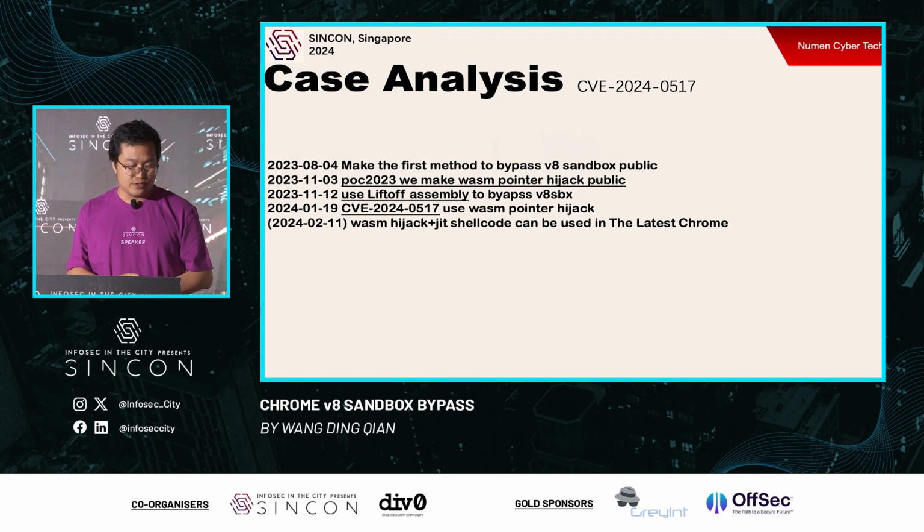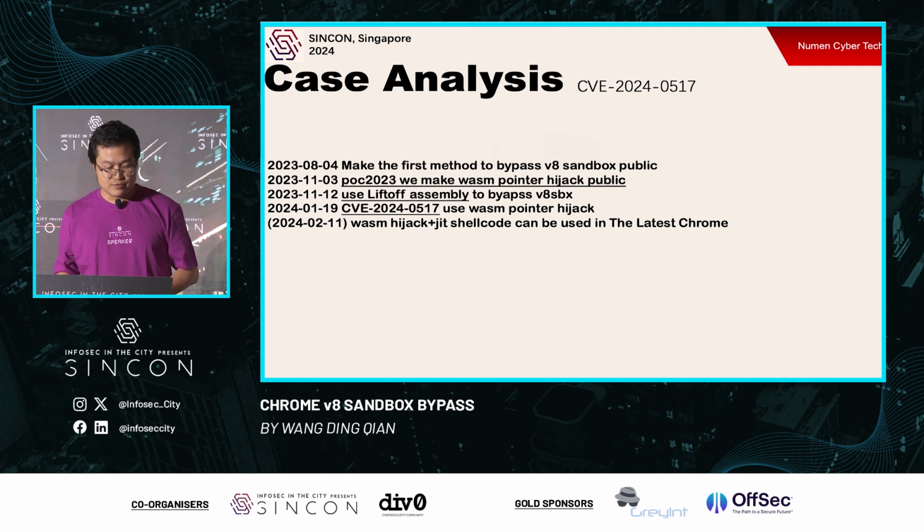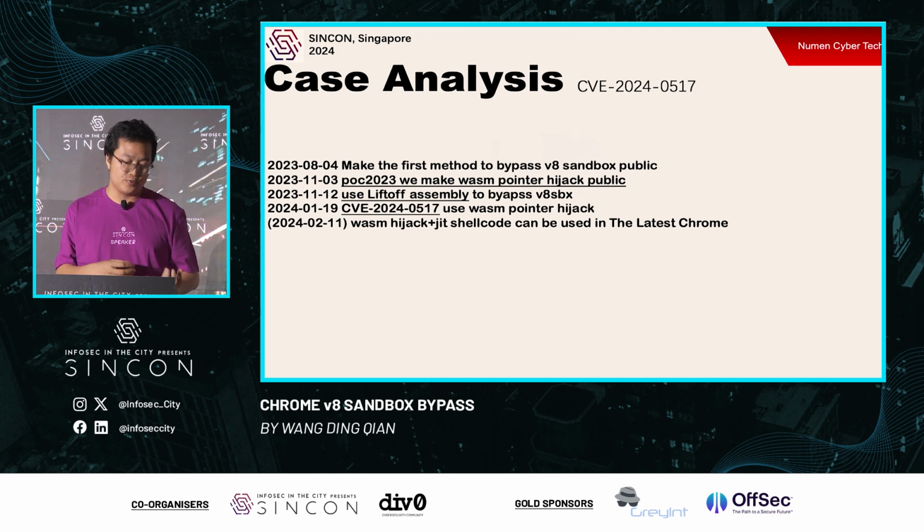And the following is CVE-2024-0517. Some other company used this CVE to make their whole process public. They used this CVE plus the second method, and made it public. Then Google patched the bypass method.